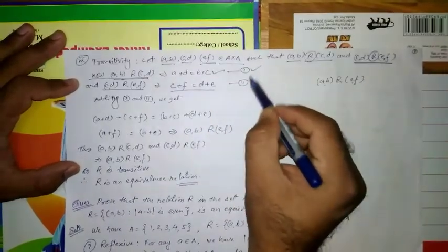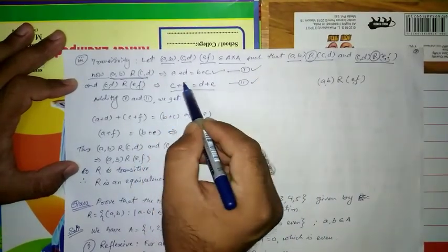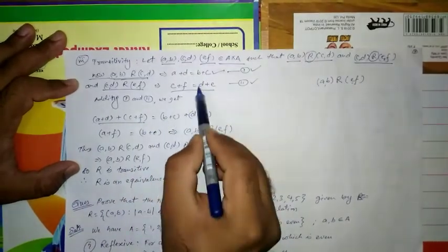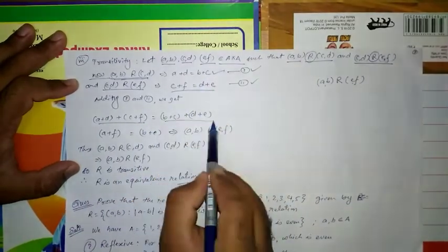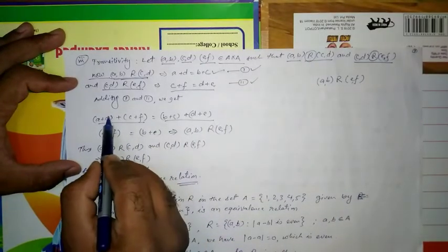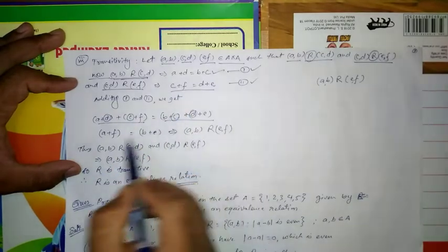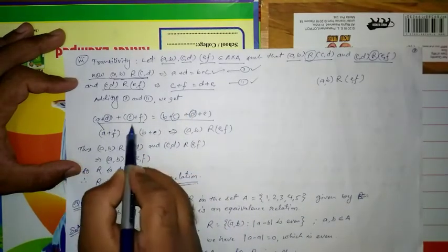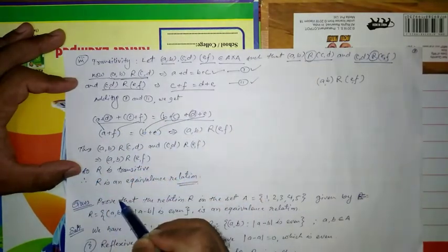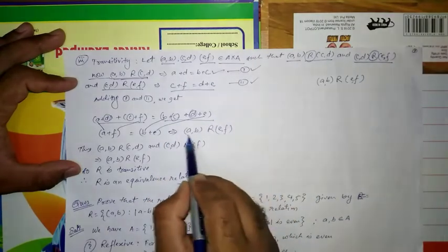By adding these two equations, we have A plus D plus C plus F equal to B plus C plus D plus E. We can cancel out this D and this D, C and C. The remaining things we can write A and F, B and E. That implies AB related to EF.